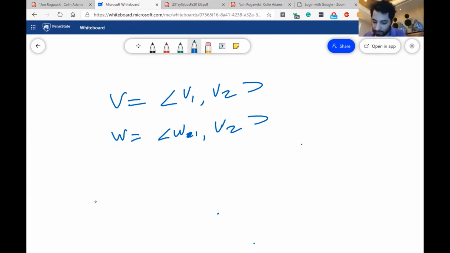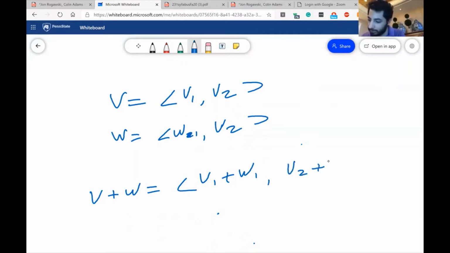Then v plus w is going to be equal, if we put together the components, to (v1 plus w1, v2 plus w2), which is going to be equal to (w1 plus v1, w2 plus v2).